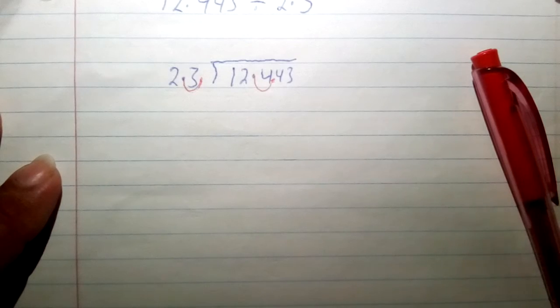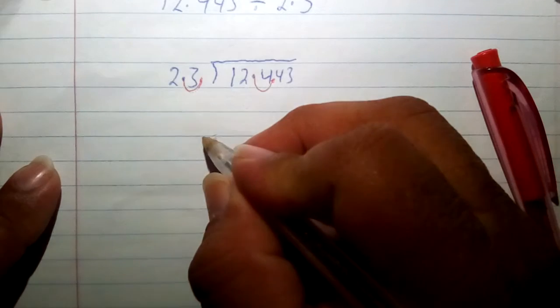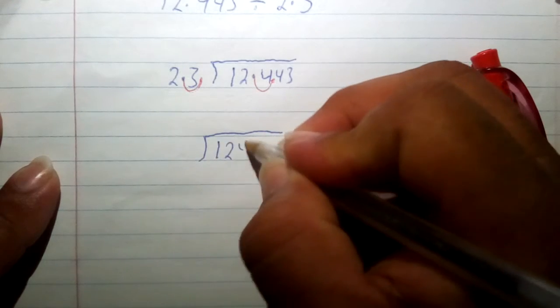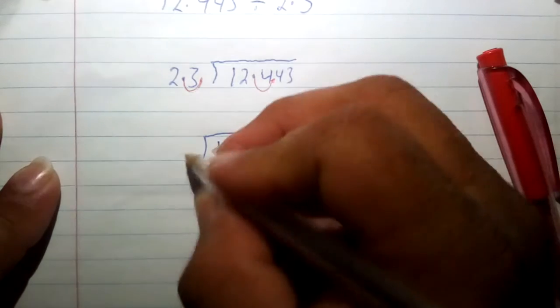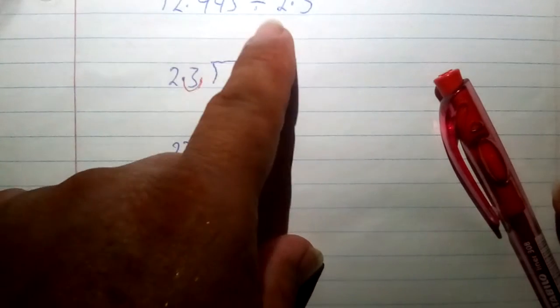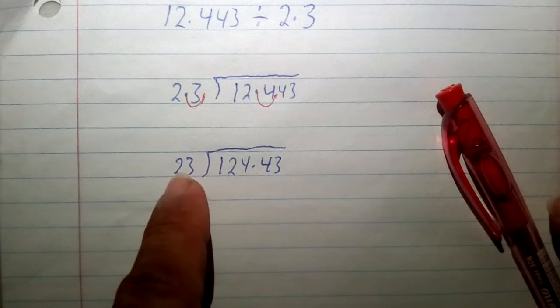Okay, so now let me rewrite this problem here so it doesn't jumble up all of the working. I'm going to write this problem to be now 124.43 divided by 23, and this number divided by this number is the same thing as the original.